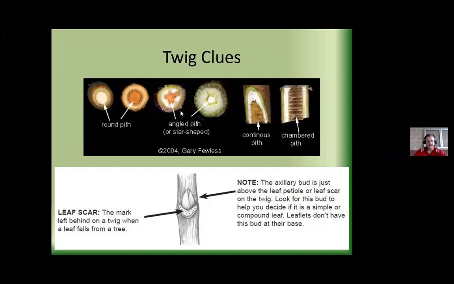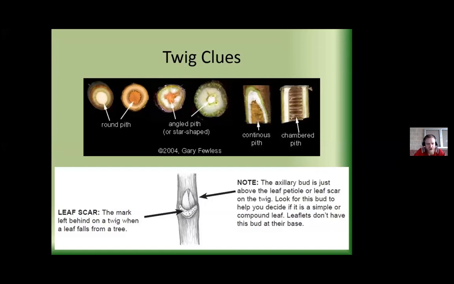So to move away from the leaves for a minute, there are some other clues in the twigs that can help you identify what you're looking at. Our key today does not have a whole lot of features that look at the twigs, but I just wanted you all to be aware that a couple important terms about twigs are the pith, so kind of the center area of the twig.